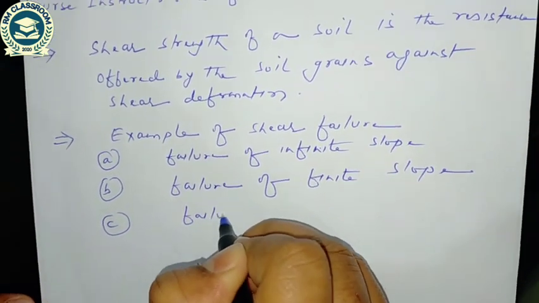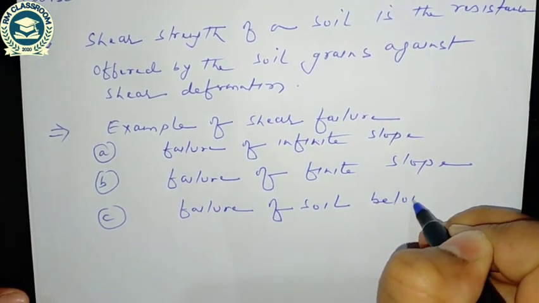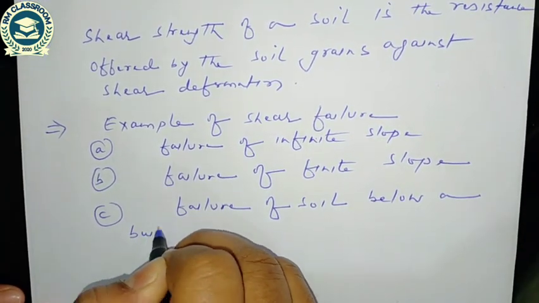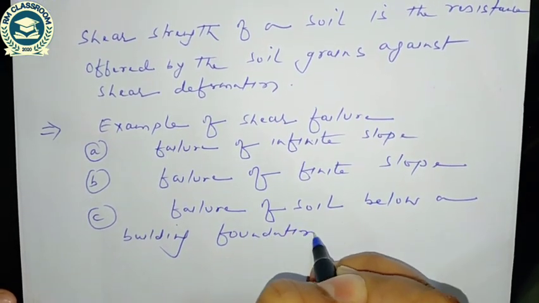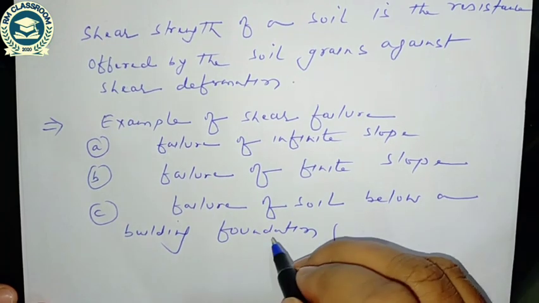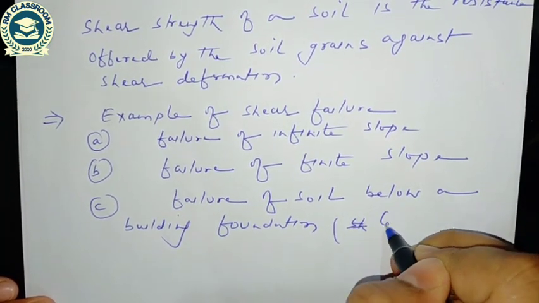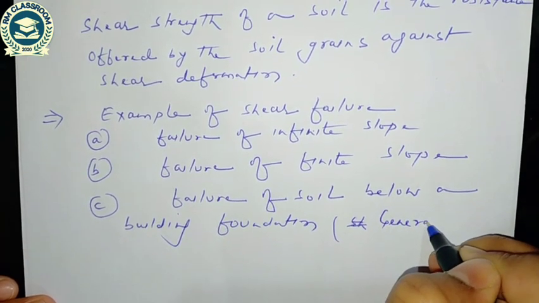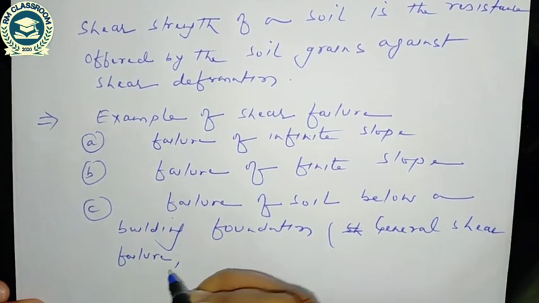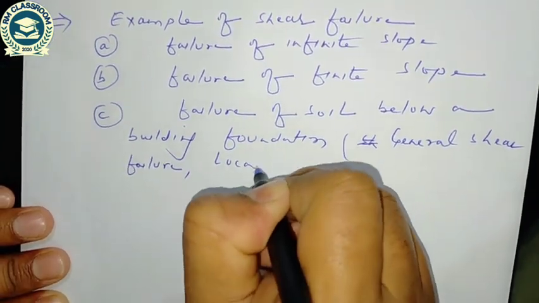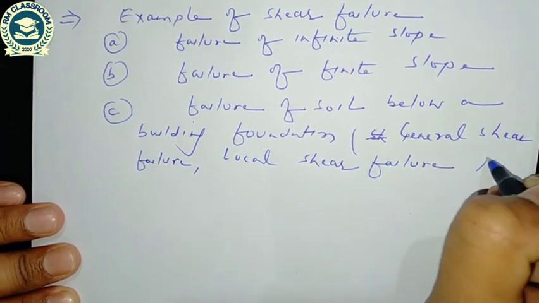The failure of soil below a building foundation, and failure of soil below a building foundation in the form of general shear failure, local shear failure, and punching shear failure.